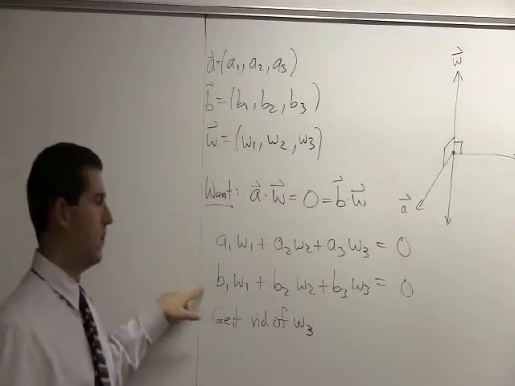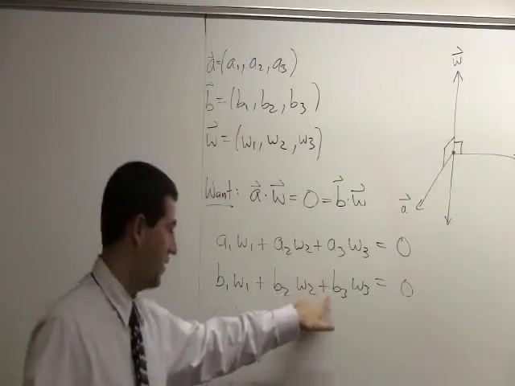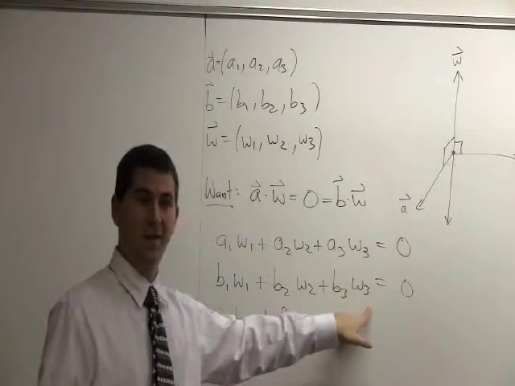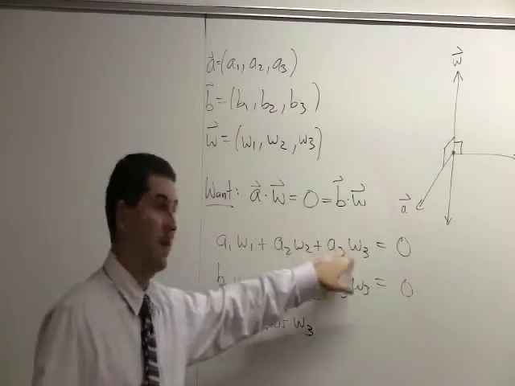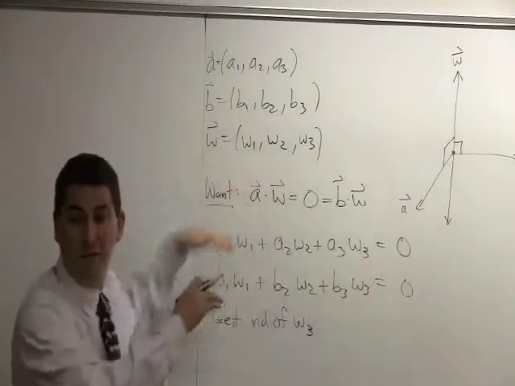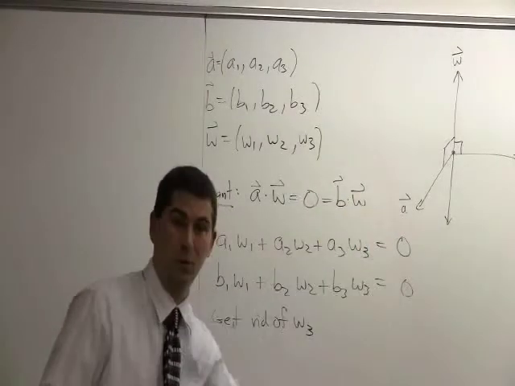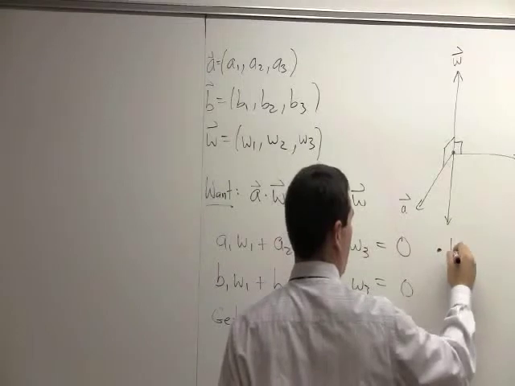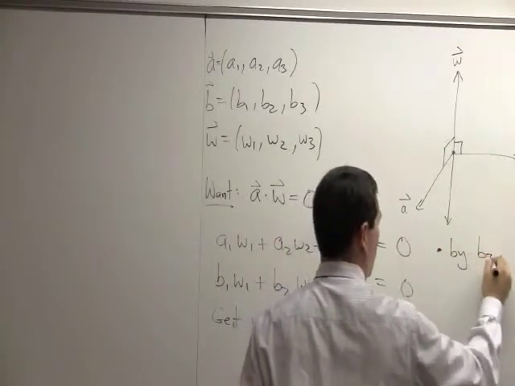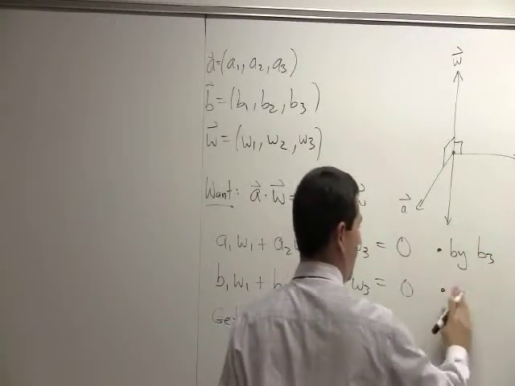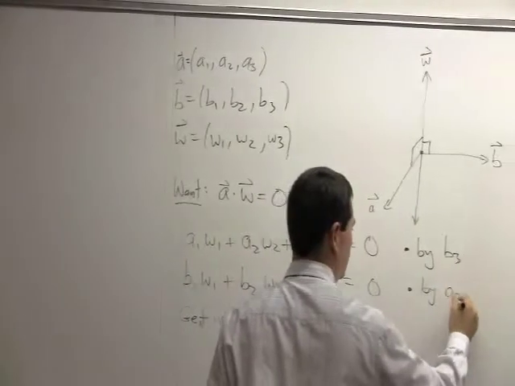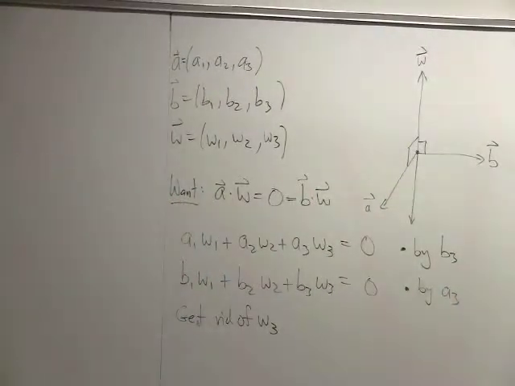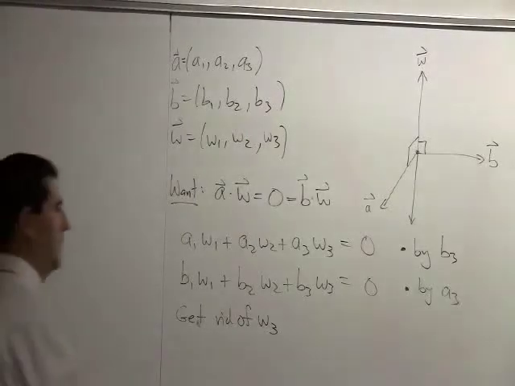Well, I'm going to multiply the bottom one by A3, so this becomes A3 B3 W3. So the last terms will be A3 B3 W3 and A3 B3 W3. I'll subtract, and that whole W3 term will go away. I'm going to multiply here by B3, and I'm going to multiply here by A3, and then subtract.